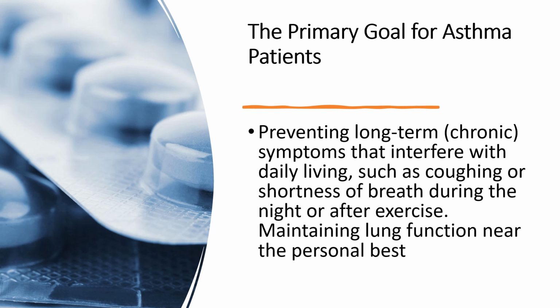So I think it's very important from the beginning to make it very clear that what you're going to do is not getting rid of your asthma. We're just going to try to make your life as best as possible with asthma. We're going to try to hopefully have you be able to do 90% of the things you want to do without being limited by the asthma. You're going to be able to get a good night's sleep without asthma waking you up.